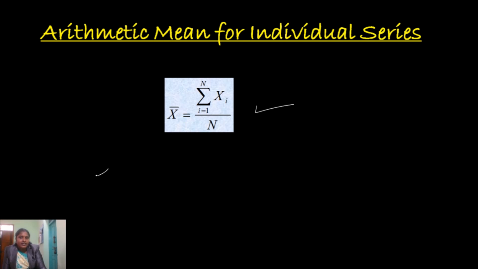Here x bar is the symbol used to represent the arithmetic mean, and capital N represents the total number of observations.